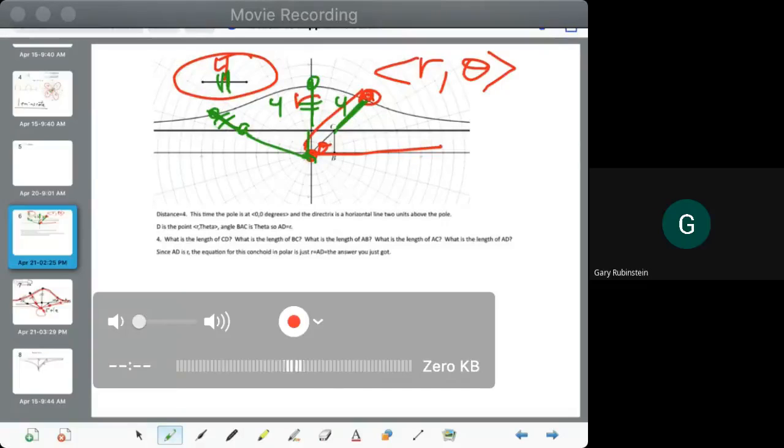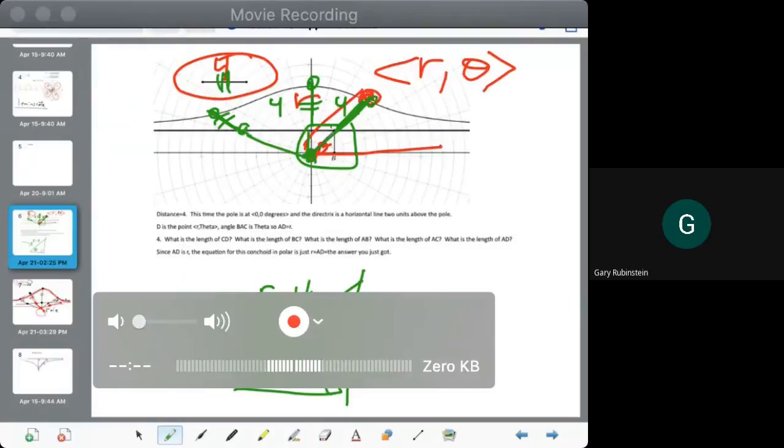Now, see this little right triangle here? I'm going to inflate that a bit. This is theta. Anyone know what you can say about the hypotenuse? Of course, the hypotenuse depends upon theta, but yes, Jessica says r minus 4, which is right. r is the entire distance from the pole to this point, and if this piece is 4, that's r minus 4.